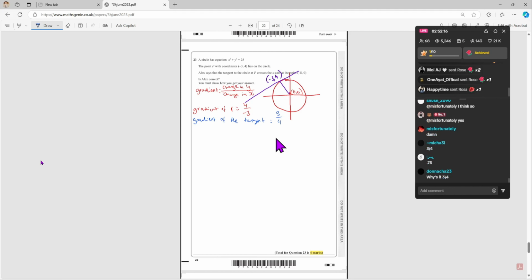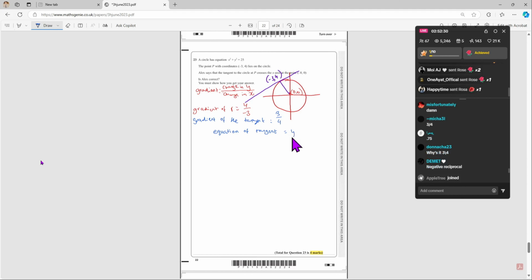And now we're going to write the equation of the tangent. The equation of the tangent is y is equal to mx plus c. So we're going to get 3 over 4x plus c.